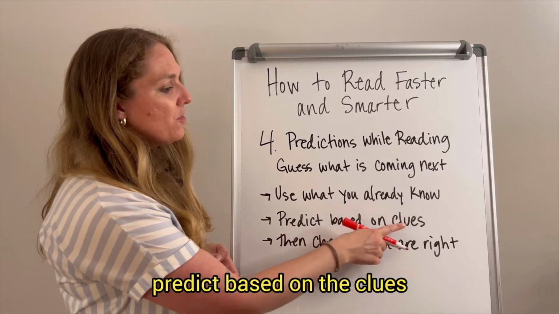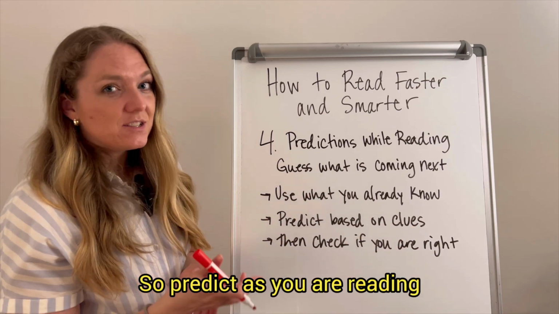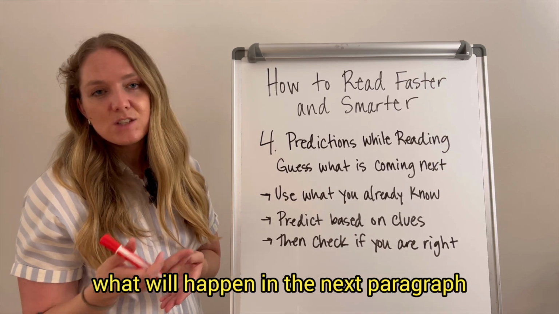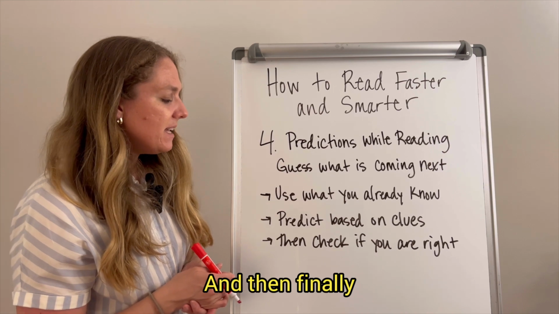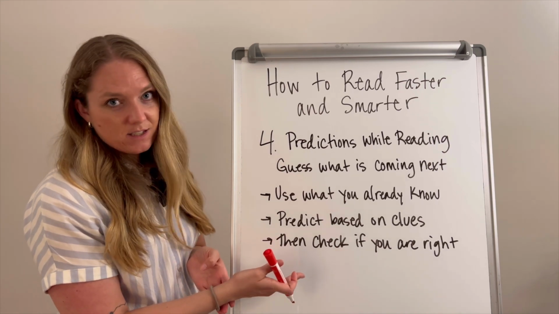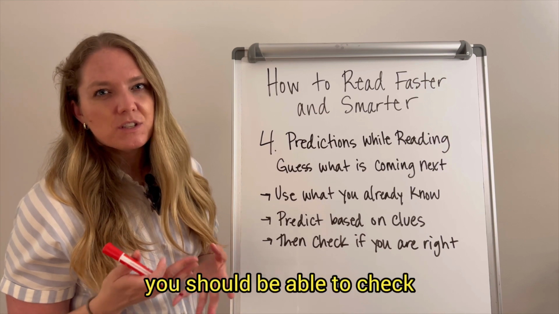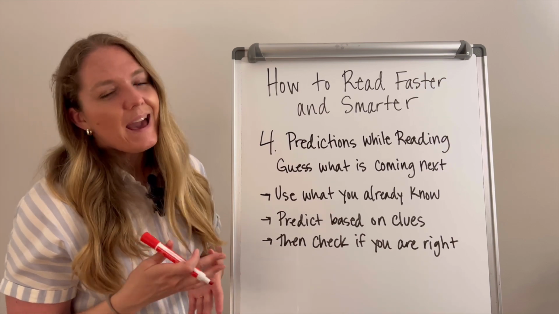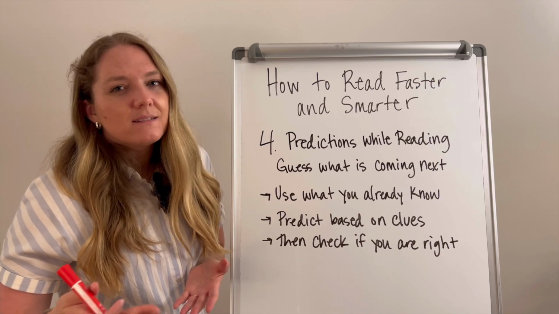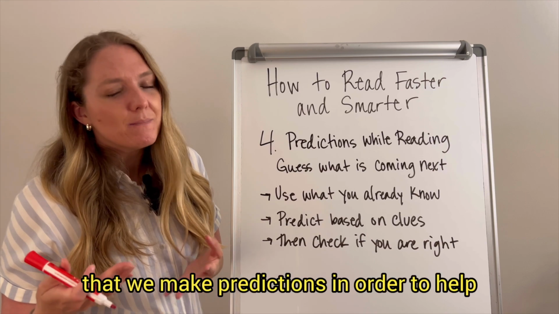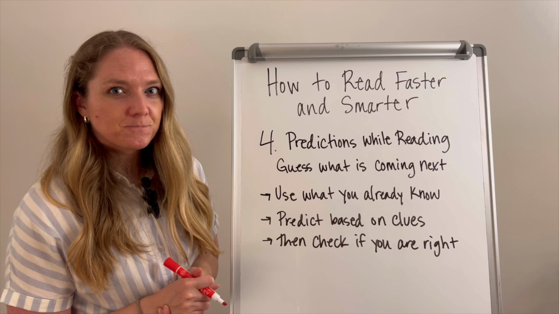Predict as you are reading what will happen in the next paragraph or on the next page. And then finally, you can check if you are right. Before you read and while you read, you should be able to check if you are correct. After reading, you would have to maybe do some research, especially with fiction, but we make predictions in order to help make our reading better.